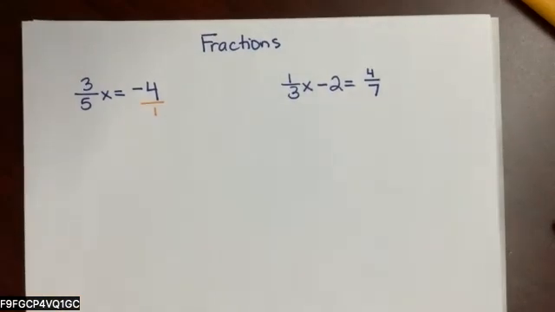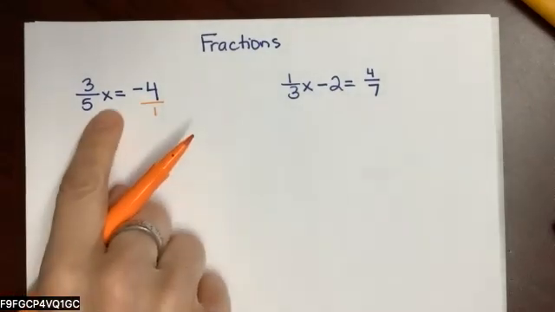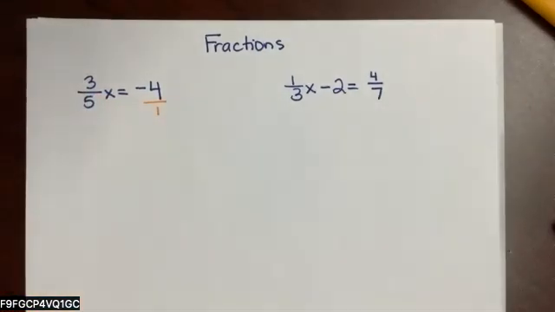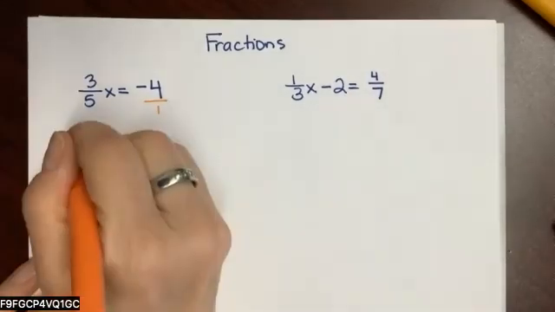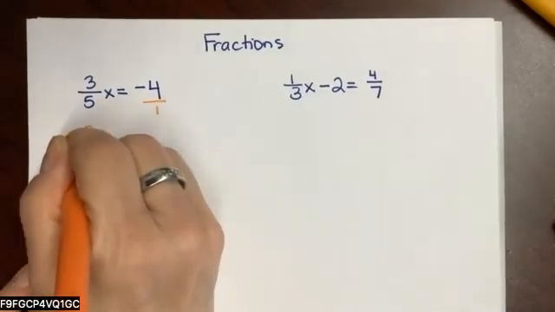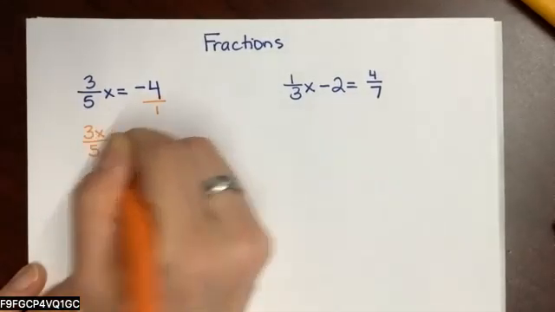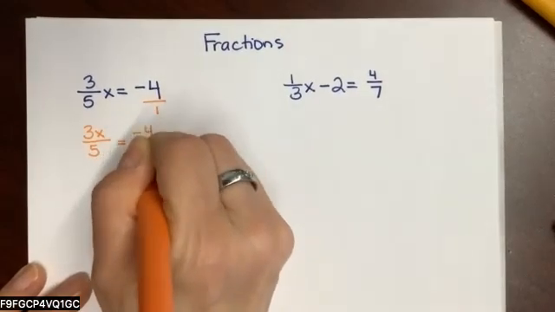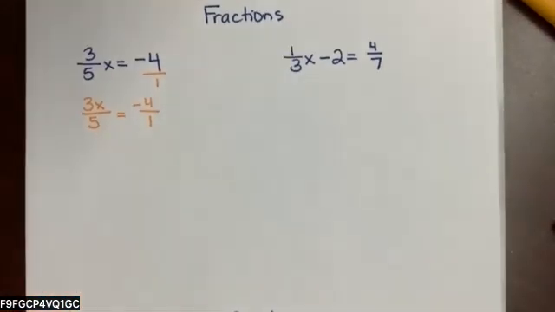The next step is I am going to put my x up into the numerator of whatever fraction it is sitting with. So I'm going to write it like this. Now, I am going to make all of the denominators match.